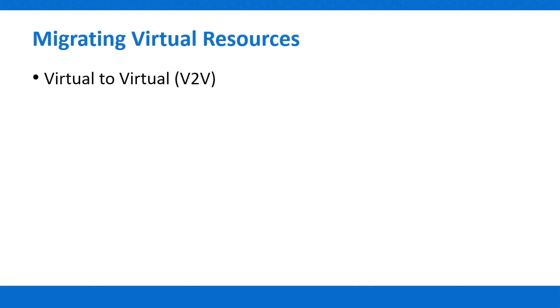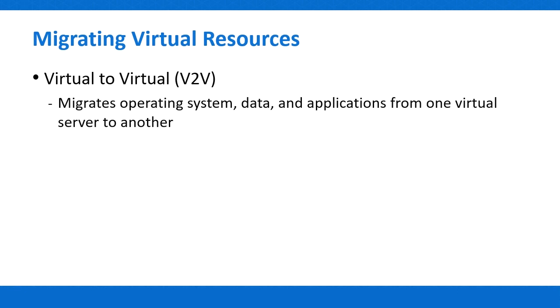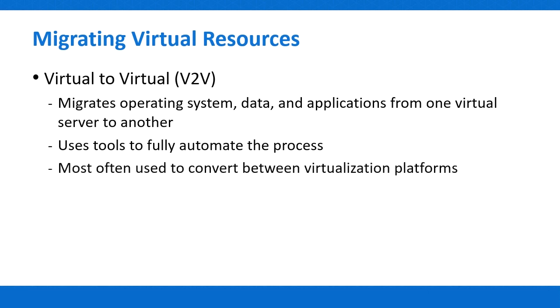Another type of migration is the virtual to virtual migration. Virtual to virtual is migrating the operating system, data, and applications, but just from one VM to another. This is always going to use tools to fully automate the process, and it is predominantly used to convert between virtualization platforms. System Center VMM, sorry, I keep mentioning that.